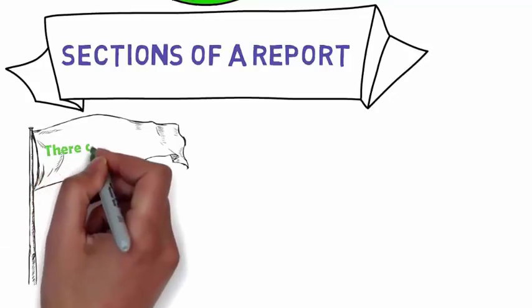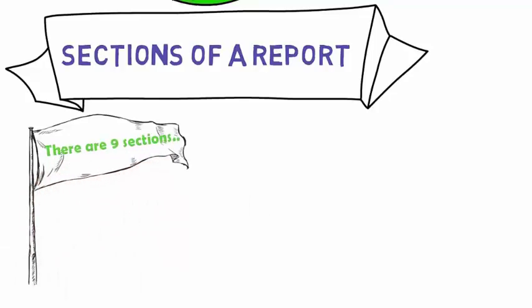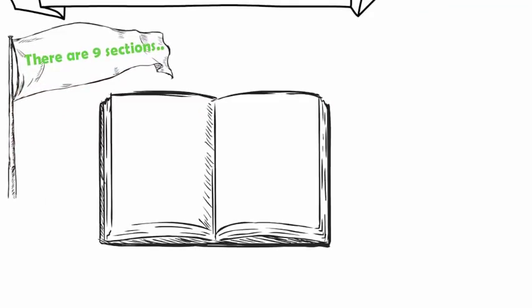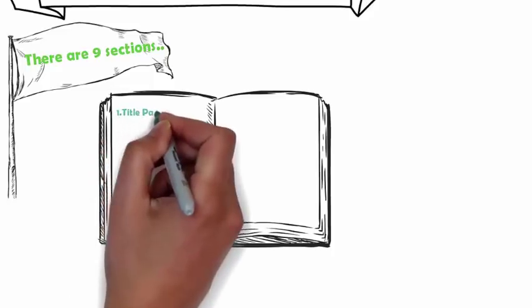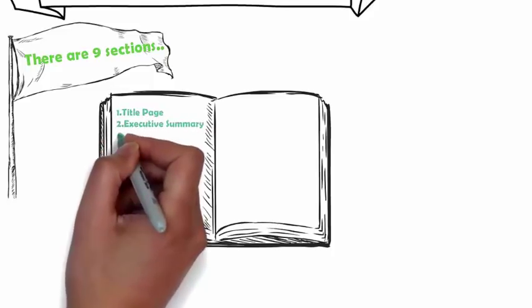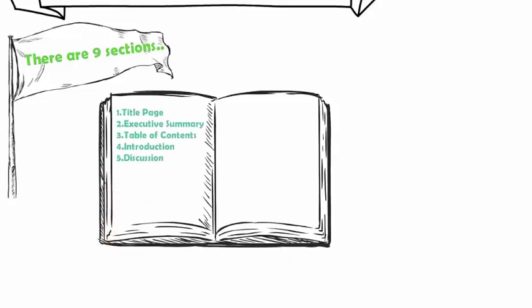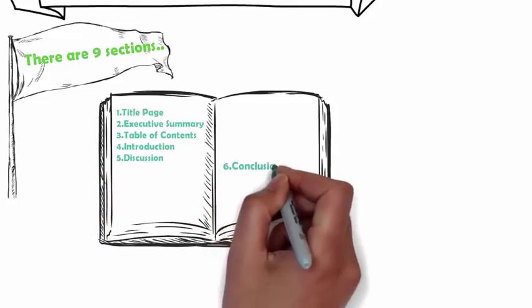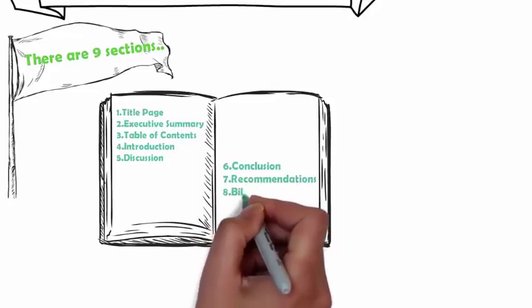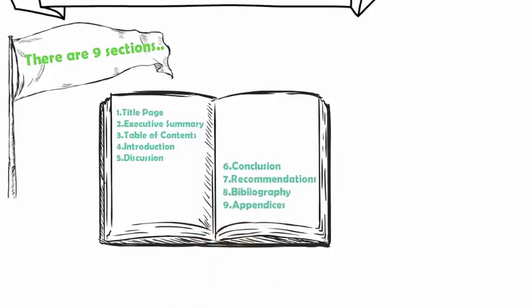There are 9 different sections of your report. Number 1, title page. Number 2, executive summary. Number 3, table of contents. Number 4, introduction. Number 5, discussion. Number 6, conclusion. Number 7, recommendations. Number 8, bibliography. Number 9, appendices.